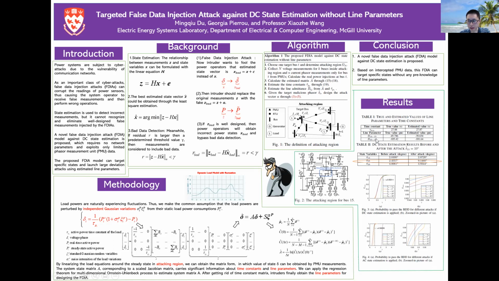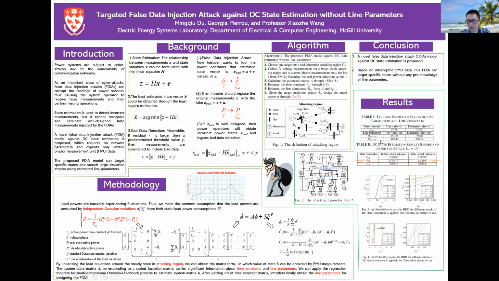So please refer to the results. As you can see here, our method can obtain estimated values that are really close to the true values. Which means our method can estimate network parameters in a really close way.